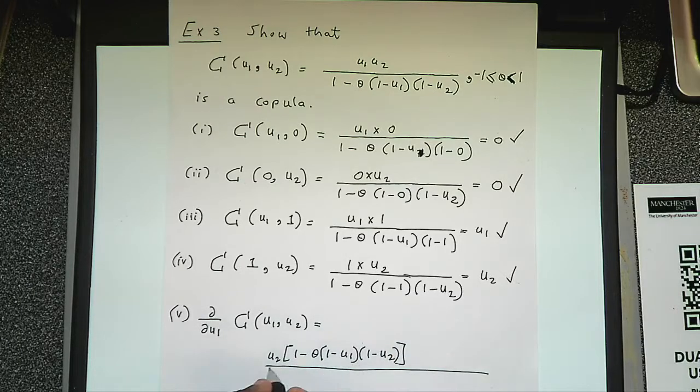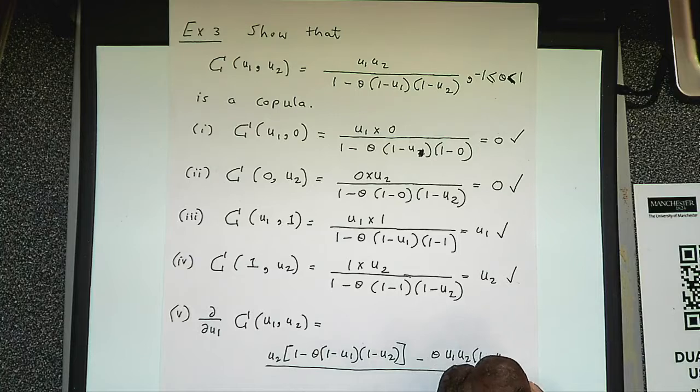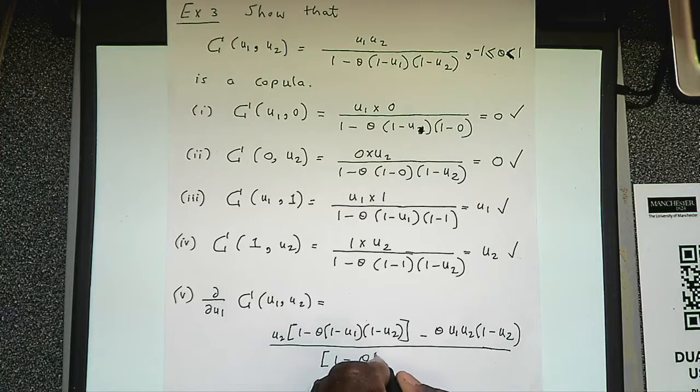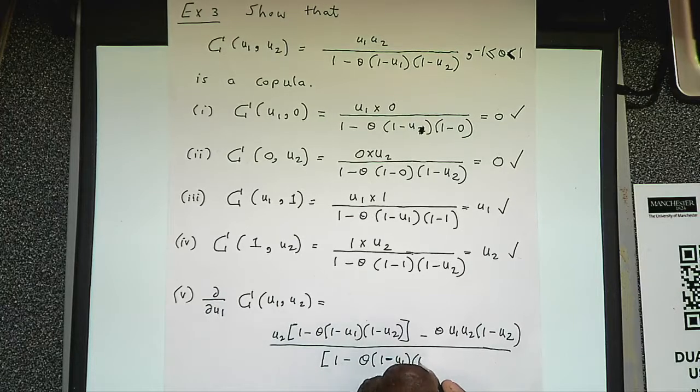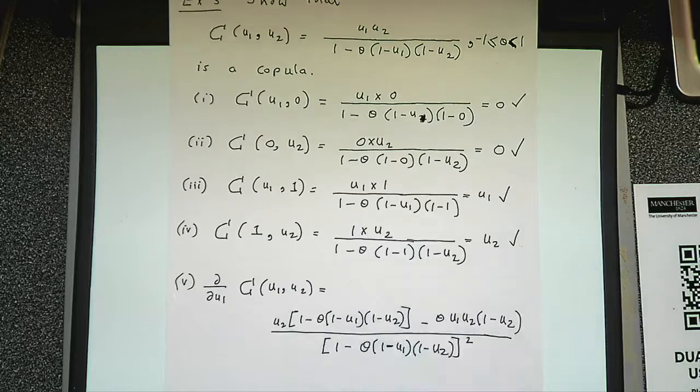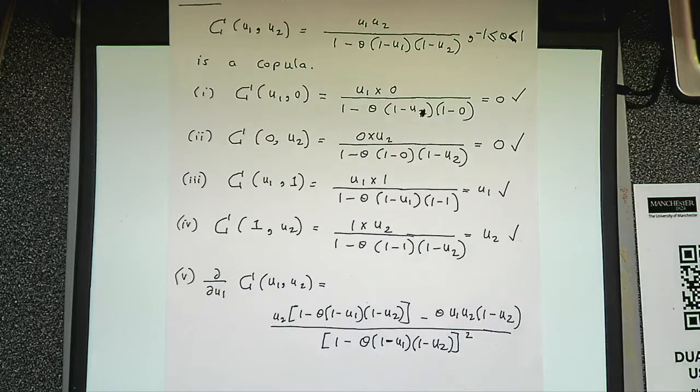This is the first thing you get. The second thing is minus theta u1 u2 1 minus u2, right? This is what you get in the numerator, and in the denominator you get this. So it's using the quotient rule, right?